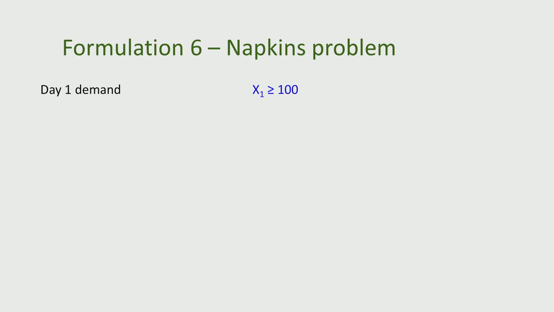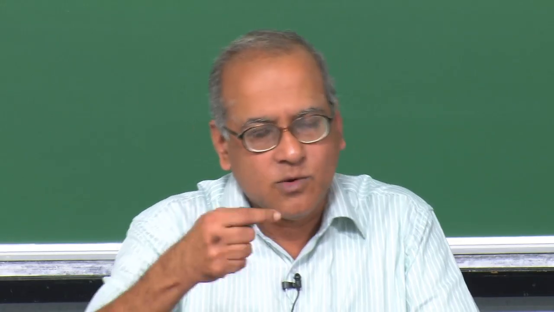Napkins that come from the laundry can be used only on days 3, 4 and 5, because we have defined variables y1, y2 and y3 as the napkins that go to the laundry at the end of days 1, 2 and 3, and these can be used to meet the demand of days 3, 4 and 5, because they take 2 days to come back.